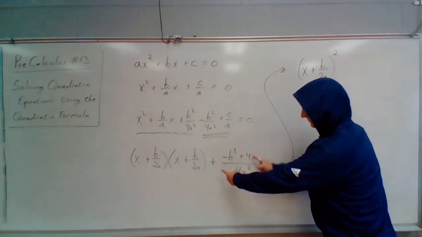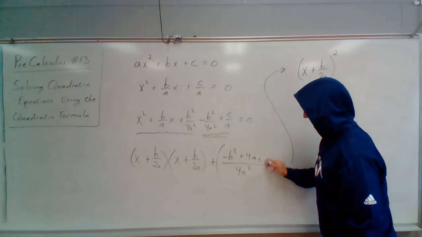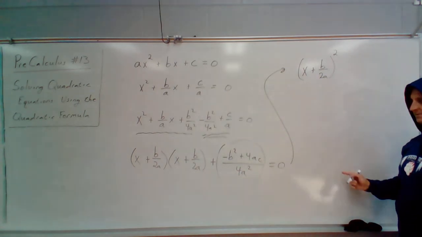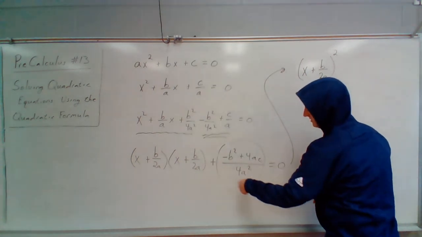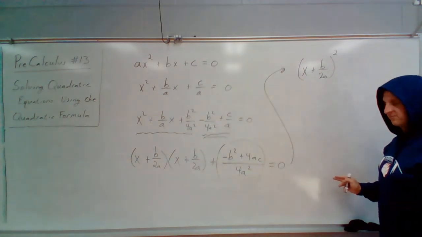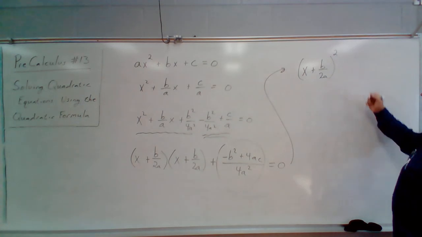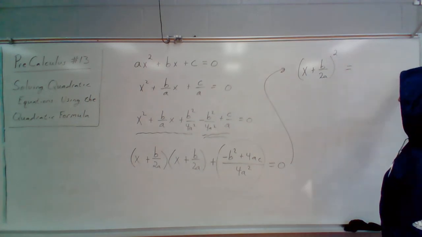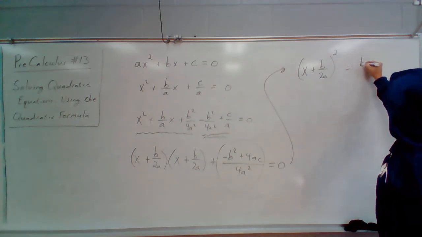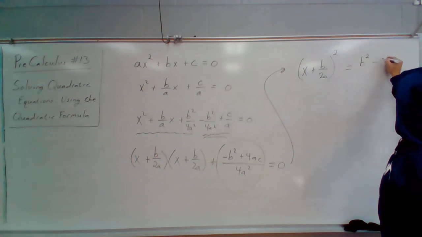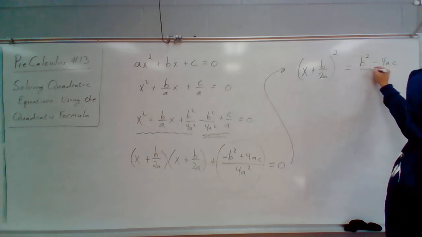And I'm going to go ahead and move this whole term, this whole thing, to the other side. So I have plus all of this. So if I subtract it from both sides, my signs will be different. So on this side of the equal sign, I will have b squared minus 4ac all over 4a squared.